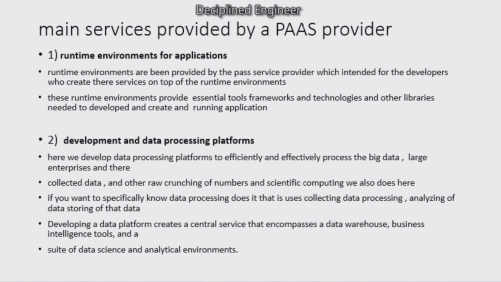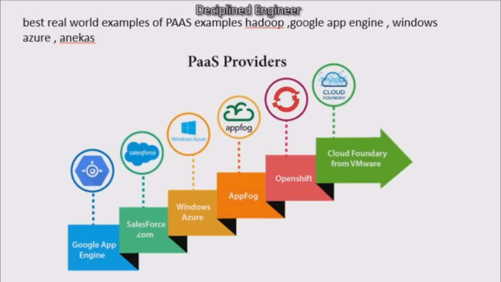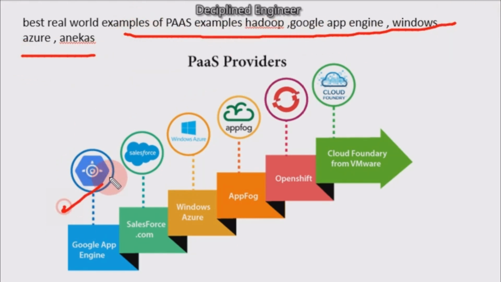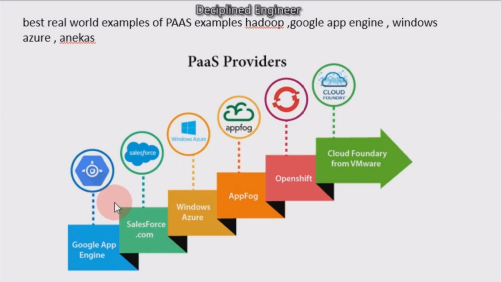That's the second big advantage of a PaaS provider. So the best real world examples of PaaS are Hadoop, Google App Engine, Windows Azure. These are the big names in the industry, and they provide these services of platform as a service, PaaS.